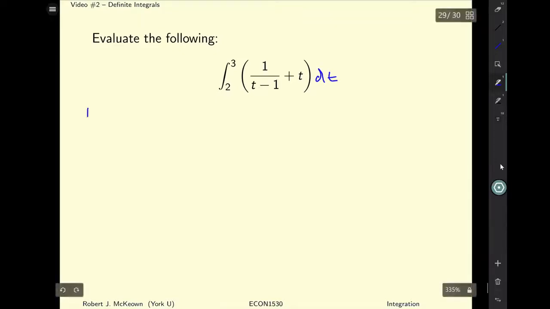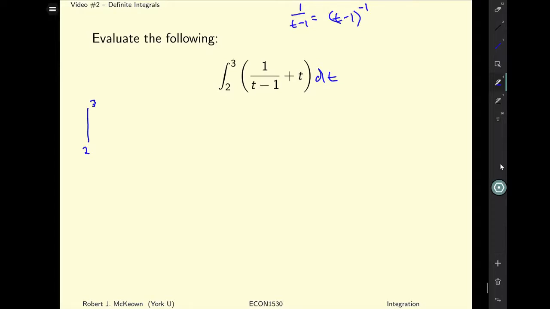All right, the first thing I want to do is I'm going to try to integrate the function. So notice that 1 over t minus 1 is equal to t minus 1 to the power of negative 1. And that looks like the special case where we're going to apply that special rule.